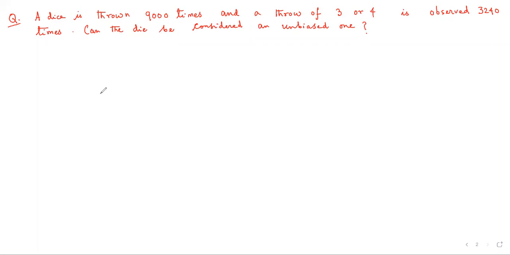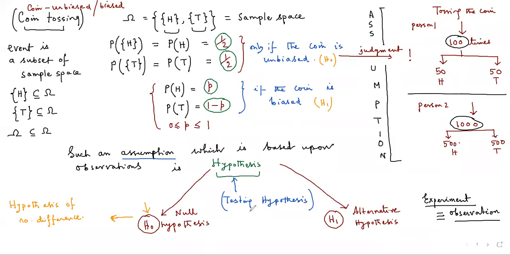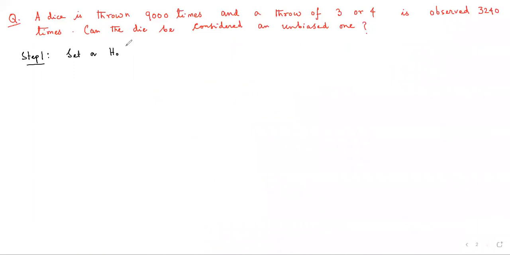The first protocol is to set up the null hypothesis H0 and an alternative hypothesis H1. This is step number 1 in this type of problem.